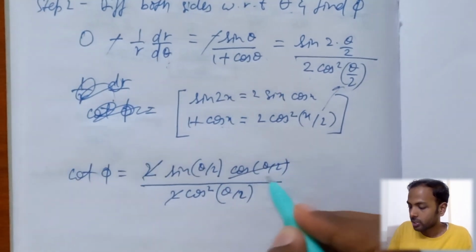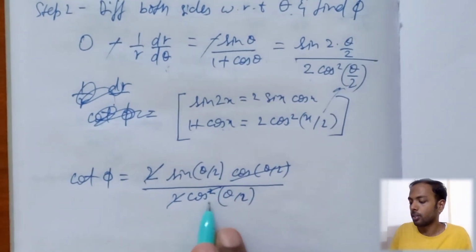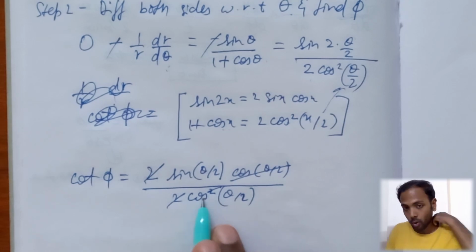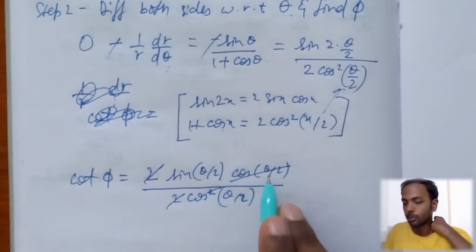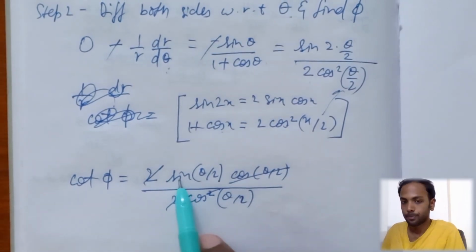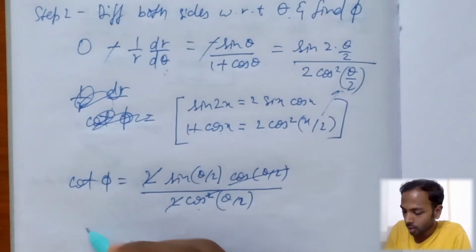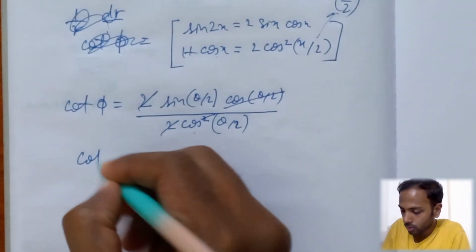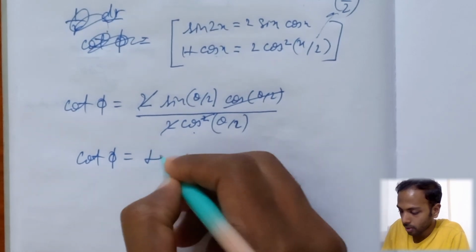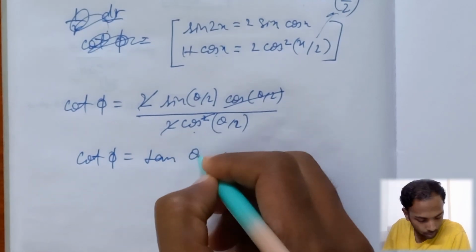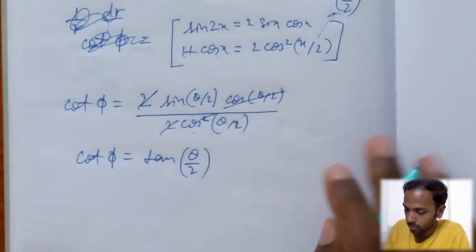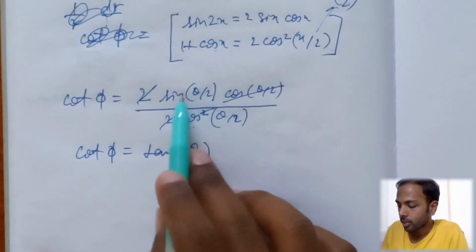And then this cos theta by 2, it's a square here, so one of the cos in the denominator will get cancelled with this. So the remaining is what? Sine theta by 2 by cos theta by 2. Sine by cos is tan. So cot phi is nothing but tan of theta by 2. Yes. Okay. Got this? Fine.